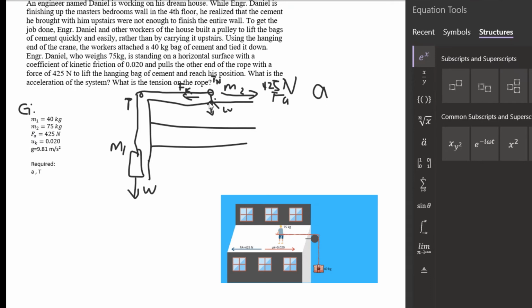It means the acceleration of Engineer Daniel and the acceleration of the hanging object while going up. It's the same. So let's proceed with the equation. Let's try to derive some equations.